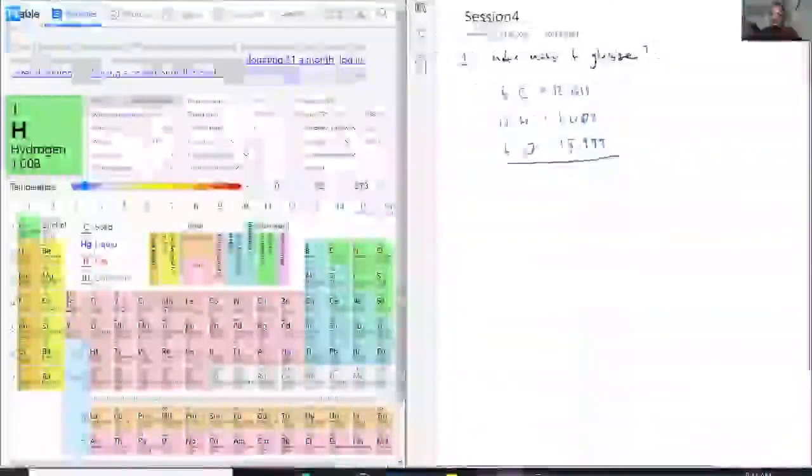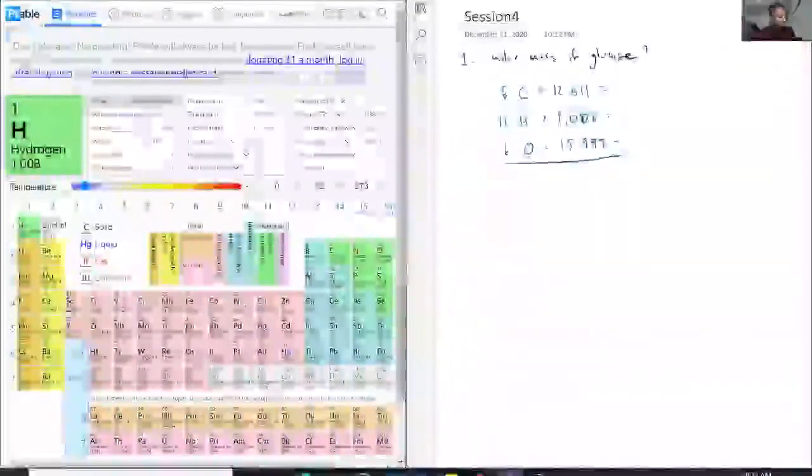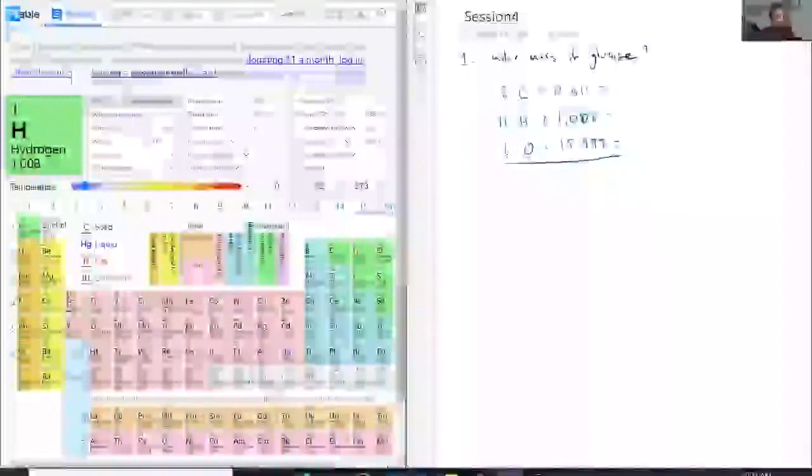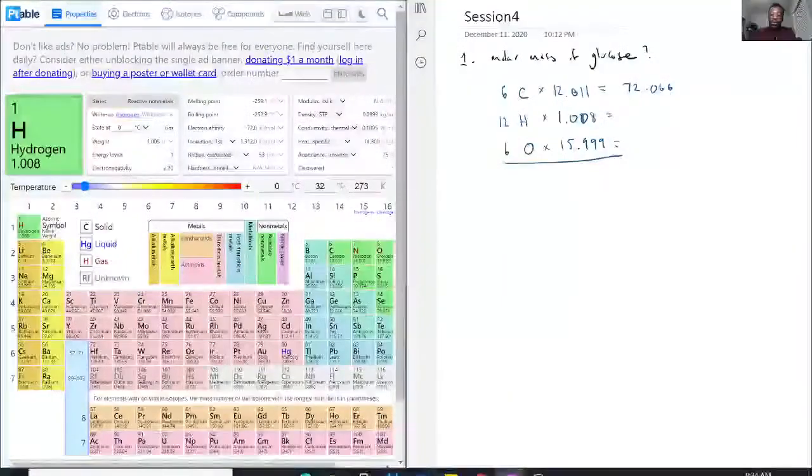So for glucose, carbon would contribute 12.011 times 6, which is 72.066. That is how much all the carbons in glucose contribute.